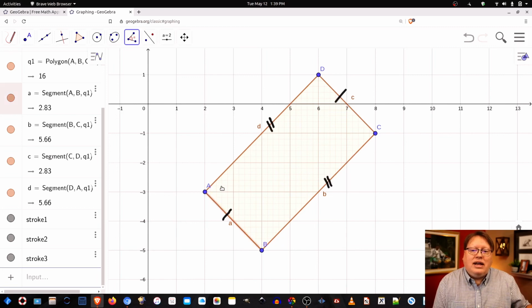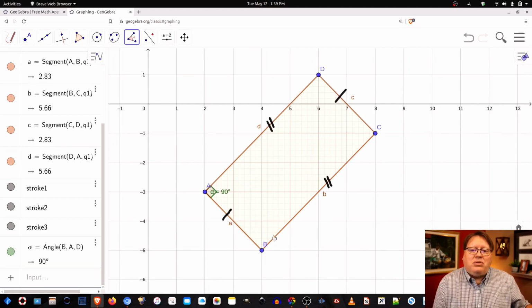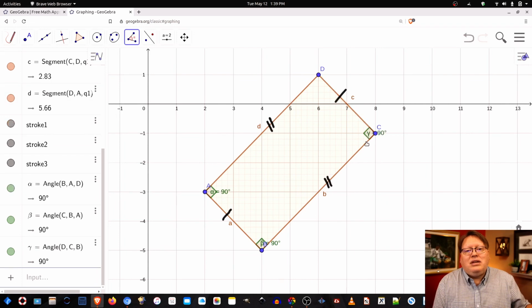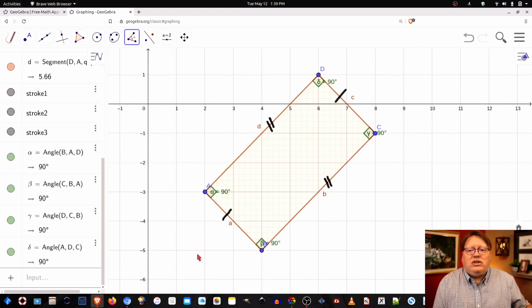We'll click side A and side D, and then we're going to do side B, side A, and then side C and side B, and then side D and side C. And if you notice, each of the angles is indeed 90 degrees. So we have opposite sides congruent. We have each vertex angle at 90 degrees in measure, so they're right angles.